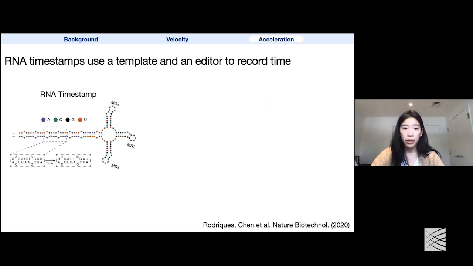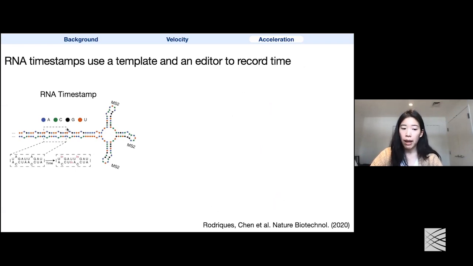So in order to determine the age of each RNA, we developed RNA timestamps. And this project was driven by Sam and Lillian in our lab and uses an RNA timestamp as the substrate to record time. So this timestamp is an RNA that gradually accumulates A to I edits that are caused by the editor.